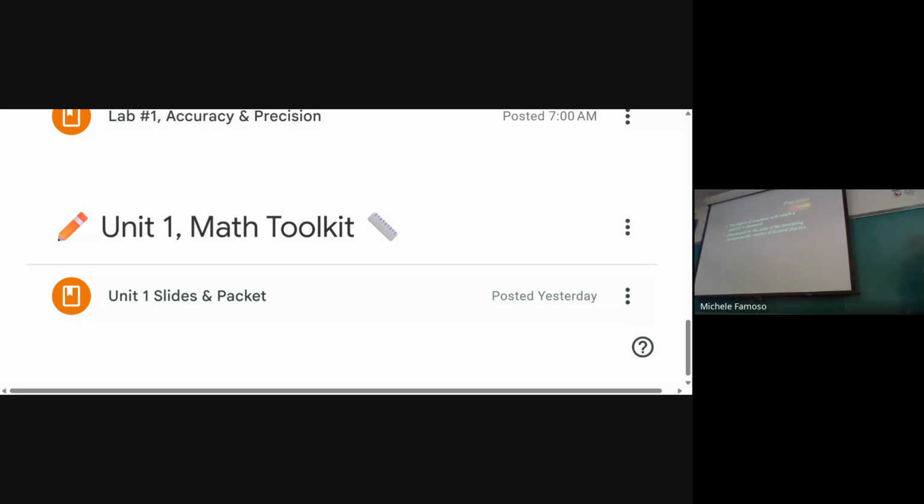In a science class, we're not going to do that. We are not going to tell you what decimal place you're going to round your answer to, because the answer depends on the precision of the measuring instrument that was used to give you the value. The tool you use determines how exact the value is.